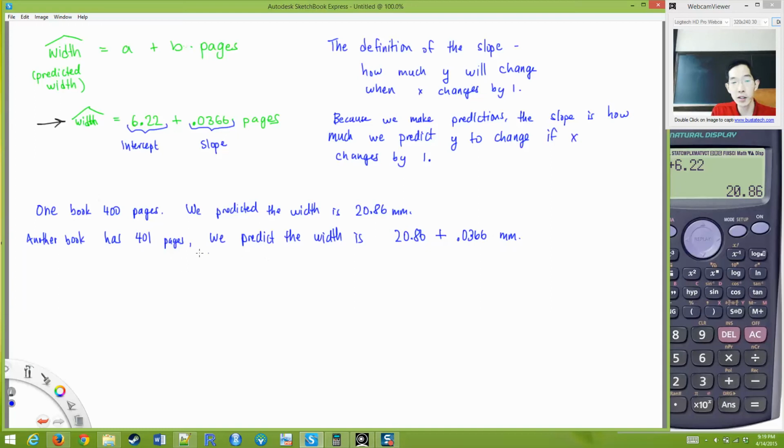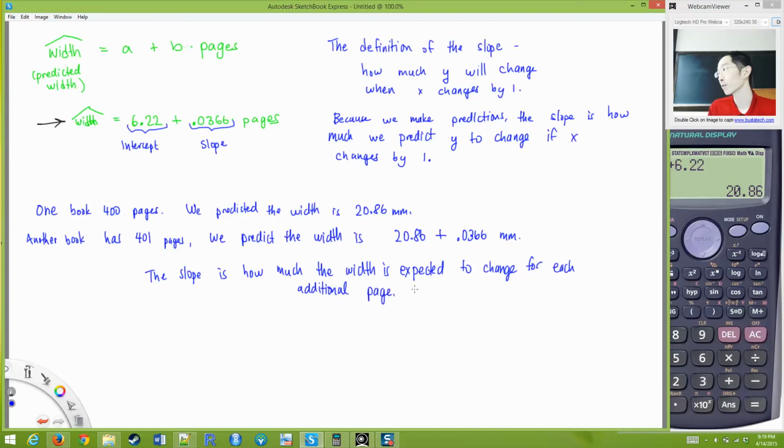Okay, so basically the slope is how much the width is expected to change for each additional page. Or another way to think of it is the thickness of each page, in a practical sense.